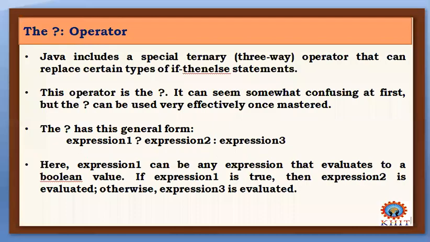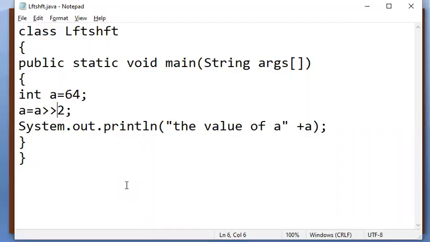The remaining operations you already know how they are used. And the ternary expression is the same as an if else statement. For example, int a is equal to 40, some value is given, and int b is equal to 20.